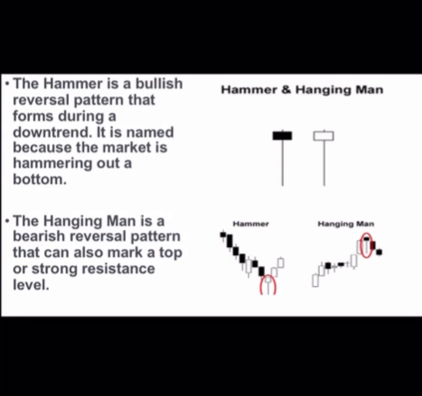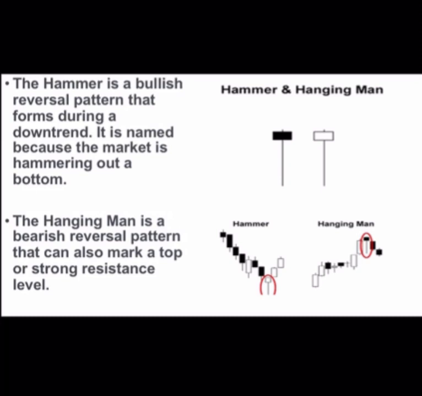Now, the first candlestick that we are looking at here is called the hammer and hanging man. You already know how a hammer looks like. You can see from this diagram, this is how the symbol of a hammer looks. It has a body, and a shadow, which is a lower shadow.